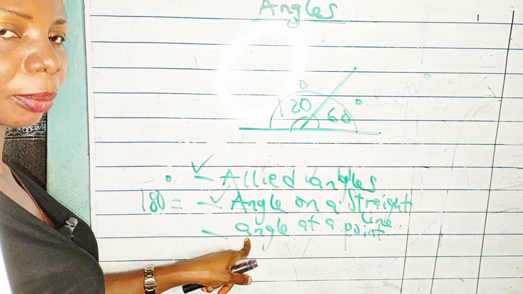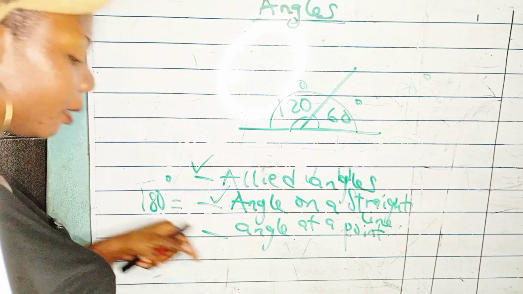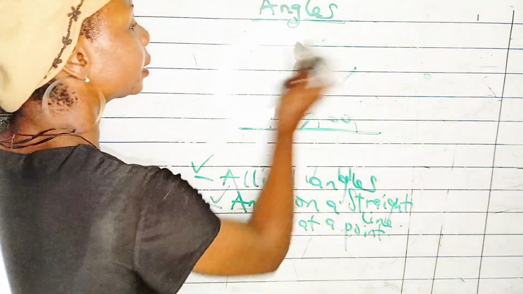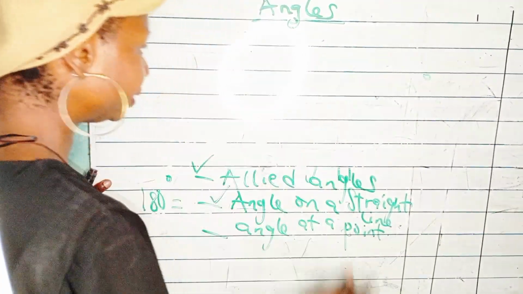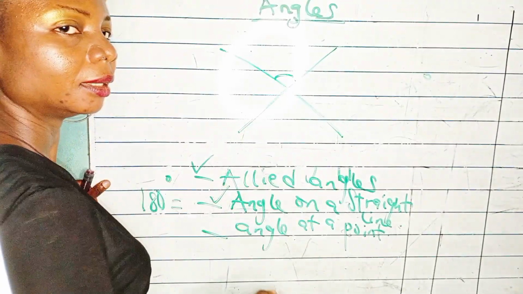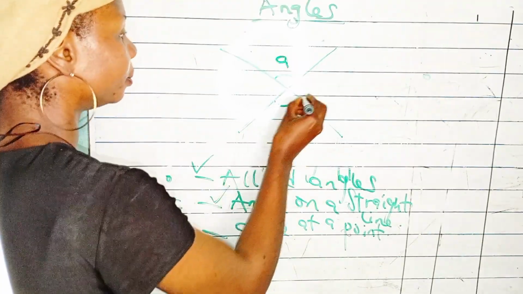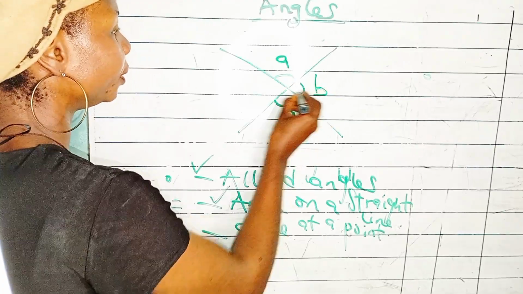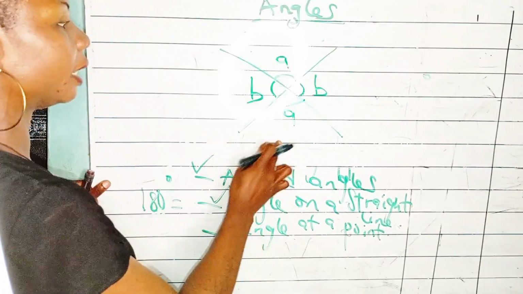Another one is angle at a point. If I have this, this can be A, this can be A, this can be B, this can be B, because these two are vertically opposite.